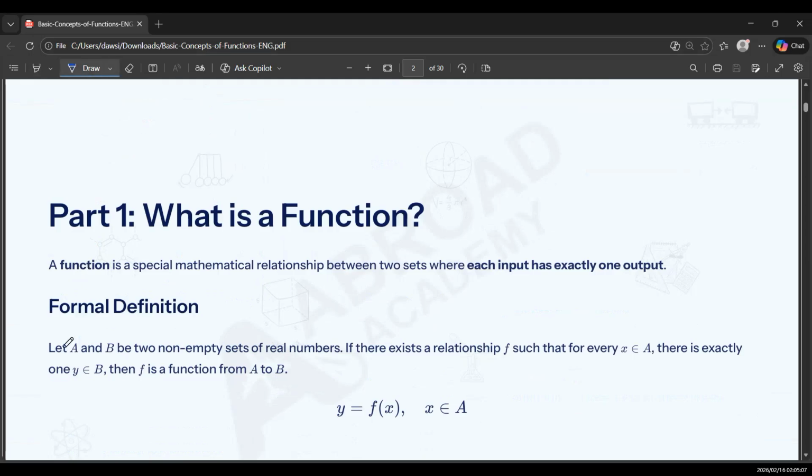Okay, and for the formal definition, let A and B be two non-empty sets of real numbers. If for every x element of A, there is exactly one y element of B, then f is a function from A to B. As you can see here, y equals f of x, and x is an element of A. Okay, like you can imagine a juice machine.